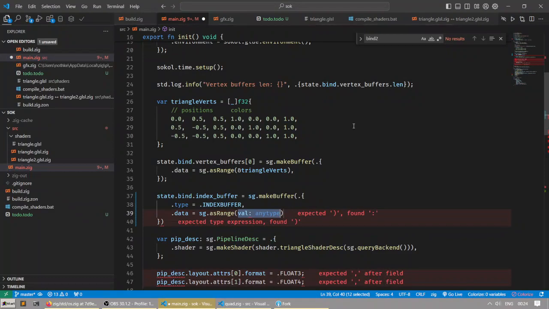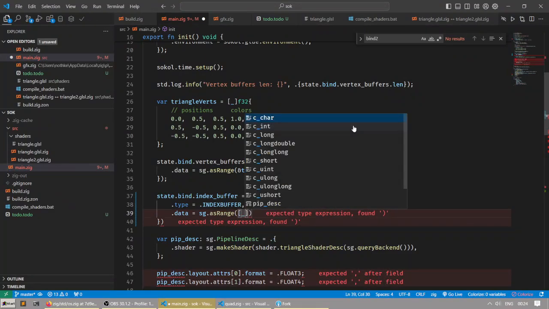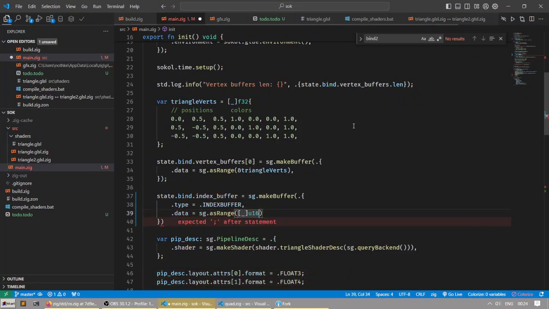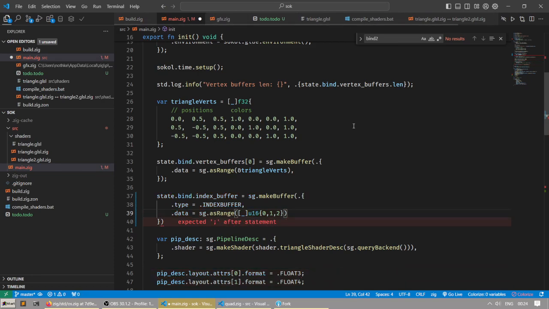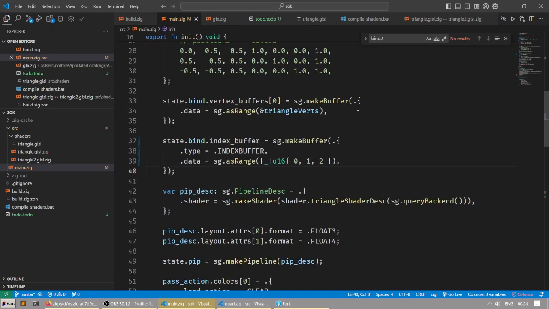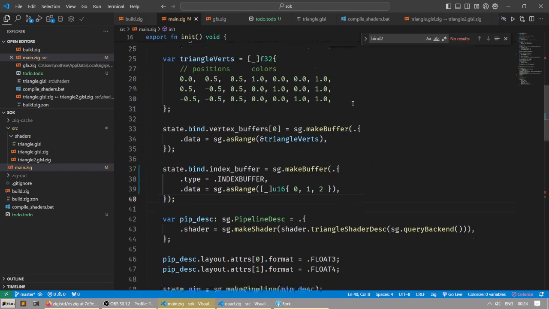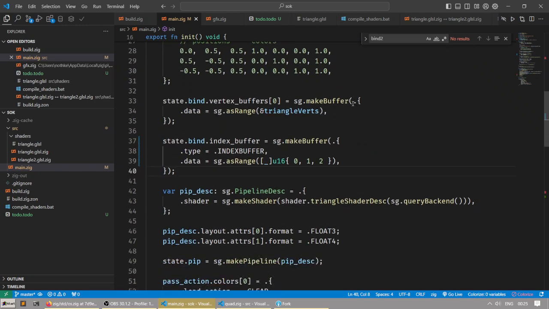We're going to create a new U16. Let's go with U16. And that's going to be 0, 1, 2, because it's just the most basic triangle, right? There we go. Okay, so we have the index buffer, and hopefully that will create the index buffer.